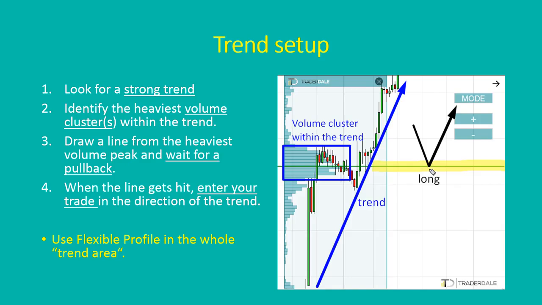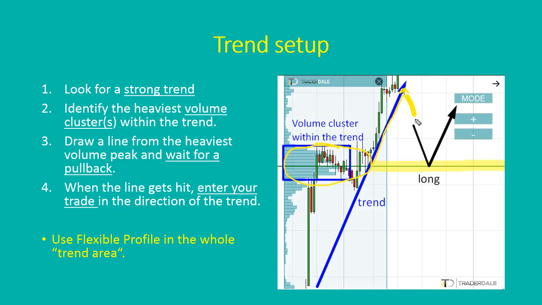And the reasoning and the logic behind this setup is very similar to the previous setup. It's very similar to the volume accumulation setup. What happens in here is that buyers are pushing the price upwards. Then in here, they are adding to their buying positions to push the price even higher.